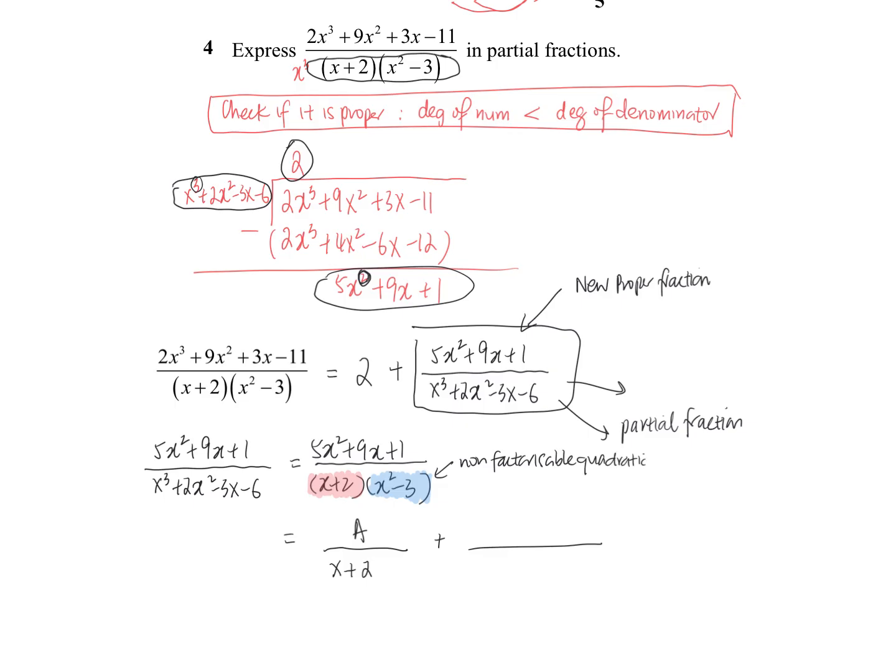If it's minus, this one must be a perfect square. If not, you also cannot factorize. Okay? So from here, it will be bx plus c, and then x squared minus 3. Okay? So from here, we will copy this thing down.